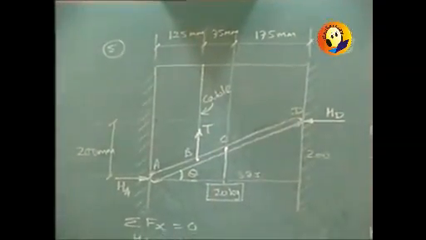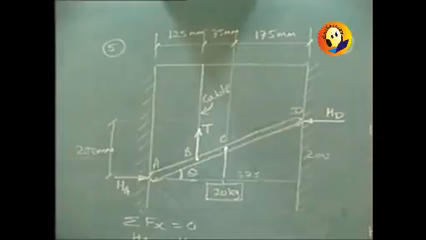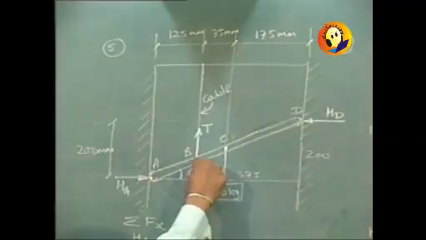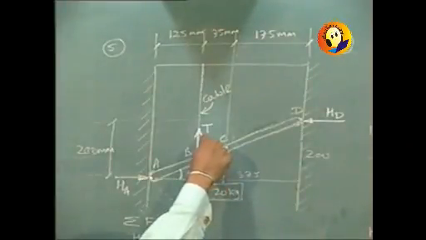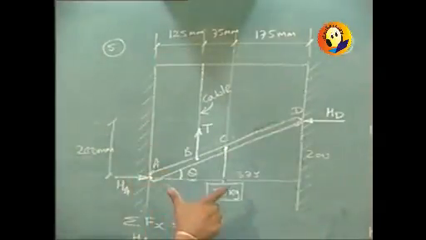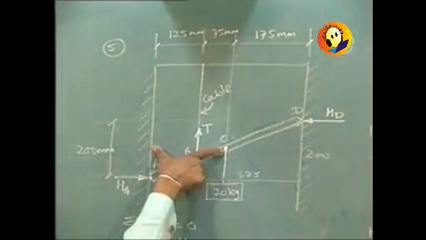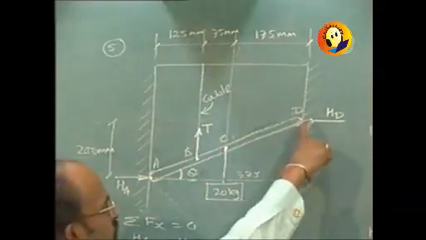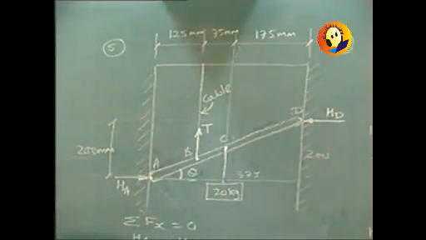So skipping that particular moment at B part, we can proceed to moment at A or moment at D, so that we don't have to consider this angle theta at all, because we are not required to take these distances for force T. We require horizontal distance which is known to us, horizontal distance for load at point C, that is also known, and vertical distance for HD, that is directly known to us as 200.